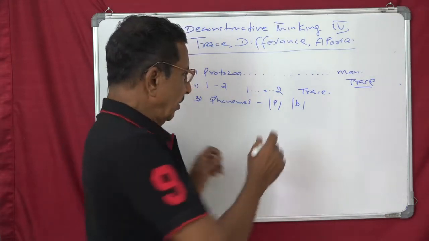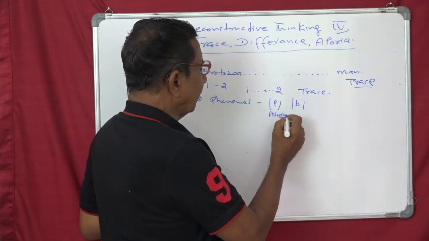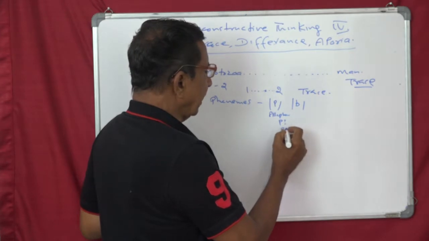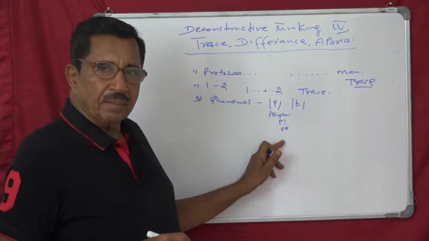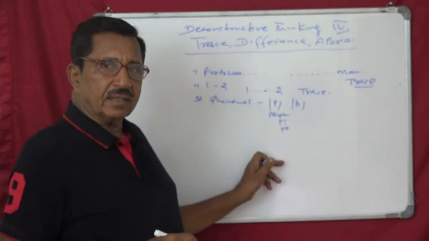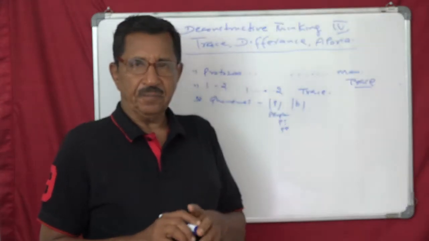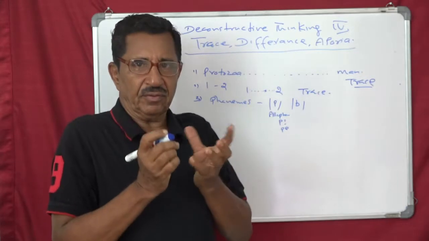As you know, P is a family of allophones. For example, this P is different from this P. According to phonetic context they change. In other words, it's a group, a collection of allophones.